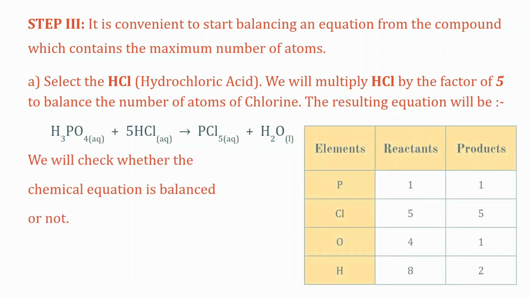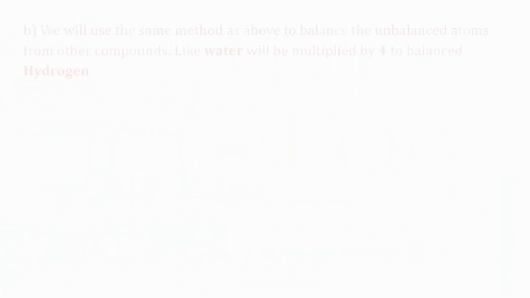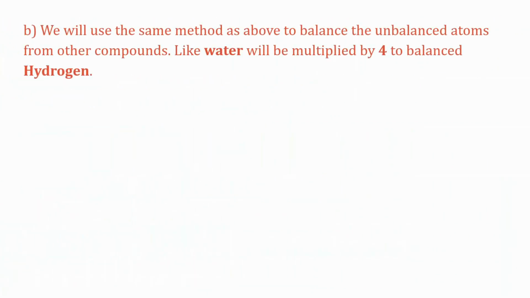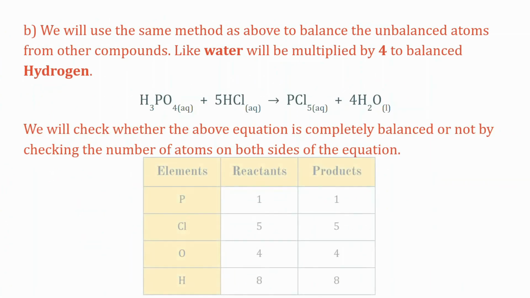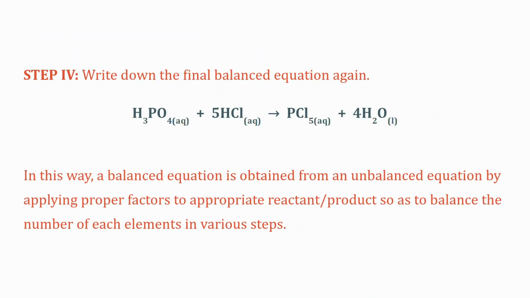You will see that phosphorus is balanced and chlorine is balanced, but oxygen and hydrogen are not yet balanced. So you will balance the water by multiplying it by 4. Check again whether it is balanced or not. Now you can see that the equation is completely balanced. So in step 4, you write the entire equation and you get this.